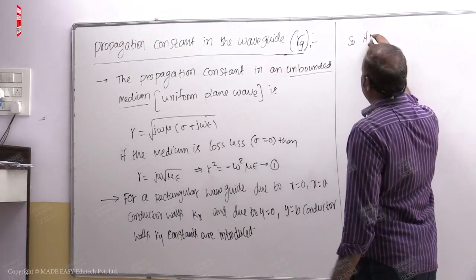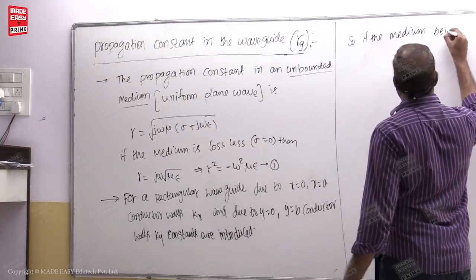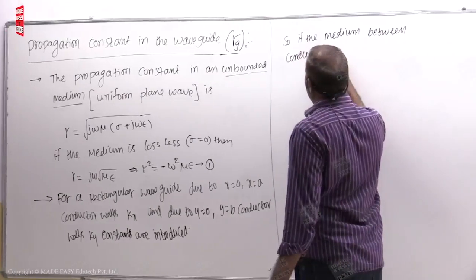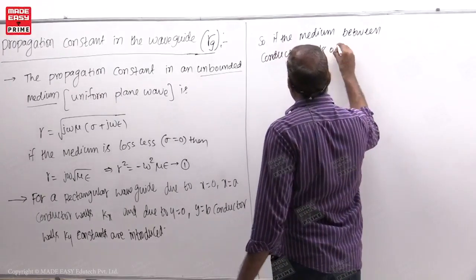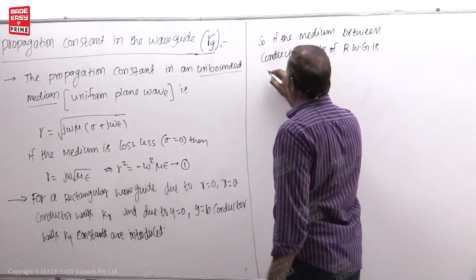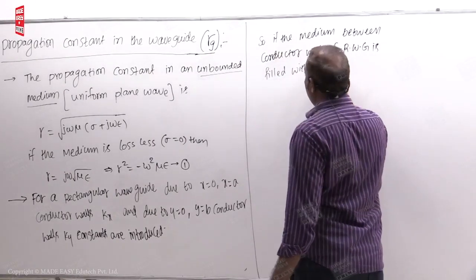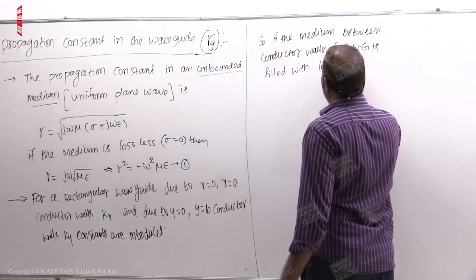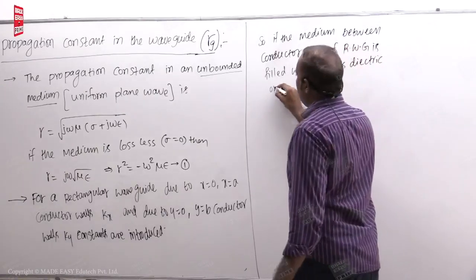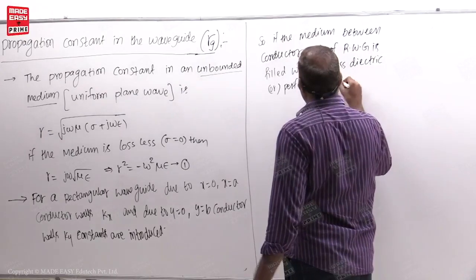So if the medium between the conductor walls of the rectangular waveguide is filled with lossless dielectric, or otherwise perfect dielectric.